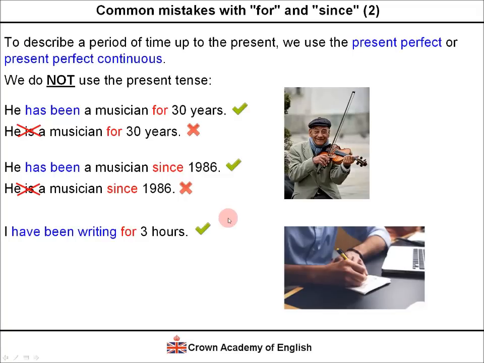Let's look at another example. I have been writing for 3 hours. This is correct. We are using here the present perfect continuous followed by for with a period of time. But this is wrong. I am writing for 3 hours. We do not use the present tense to describe a period of time up to the present.